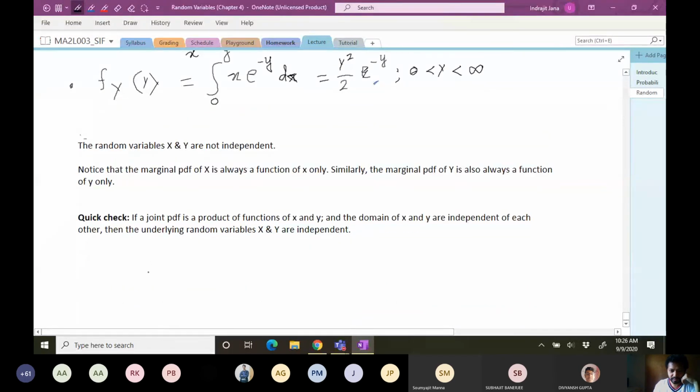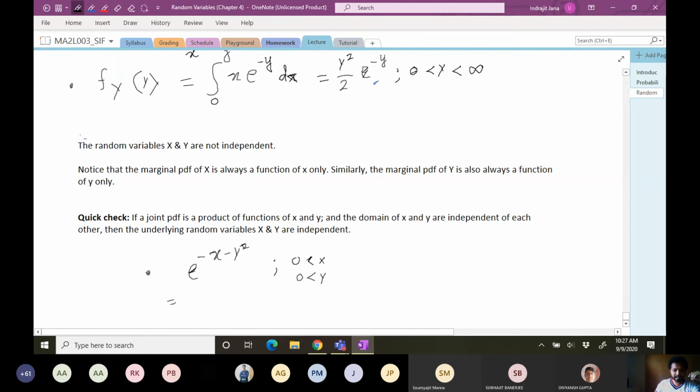Say we have a PDF which looks like e to the power negative x minus y squared, and suppose x and y are both from 0 to infinity. So x is from 0 to infinity, and also y is from 0 to infinity. They do not depend on each other.